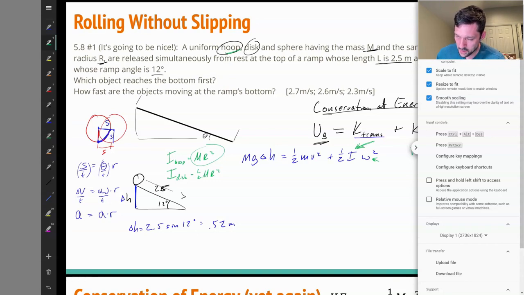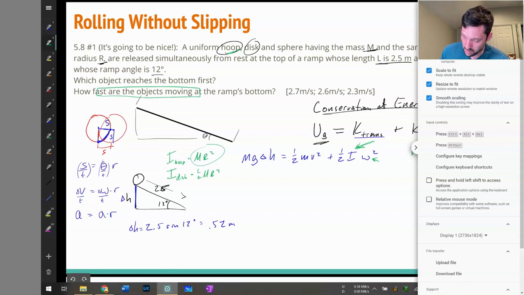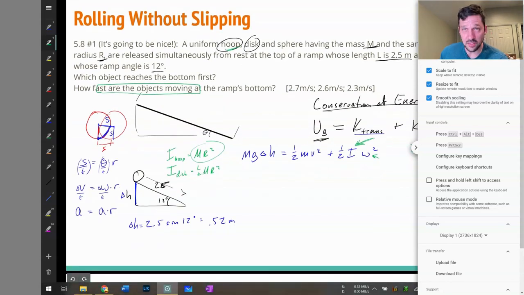But since we're interested in how fast the objects are moving, that implies that we're looking for a velocity, a v. So having this term of omega is less convenient. So let's see if we can substitute in for omega.